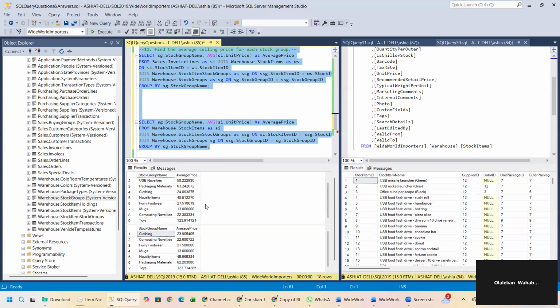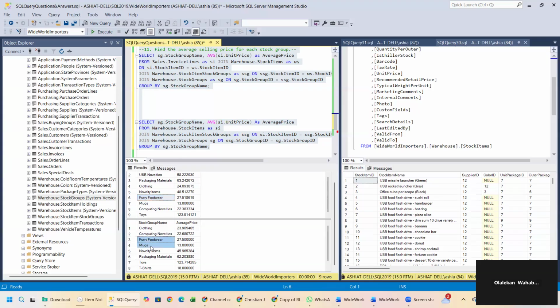The stock group. Yes, we're all learning here. When you look at number 6 here, foreign footwear, and you look at foreign footwear in the second query, apparently you could see that we have 27.50000, the same amount, just slightly different between the prices.